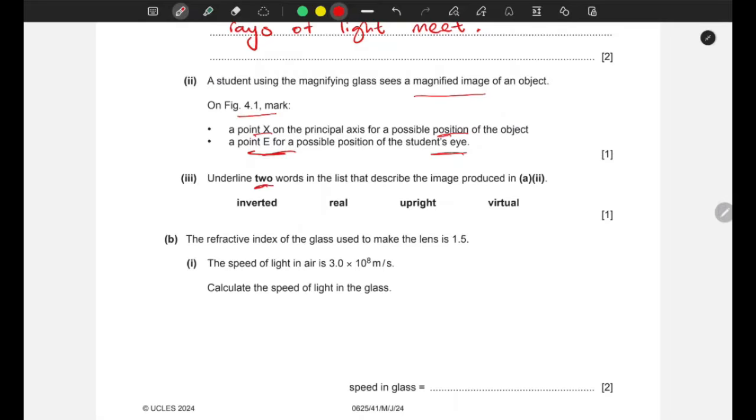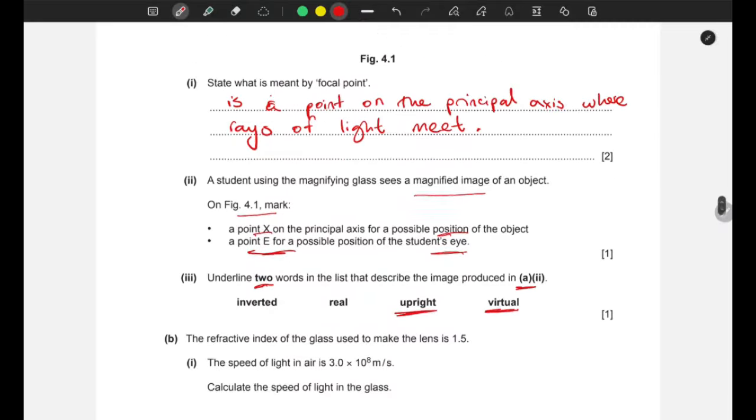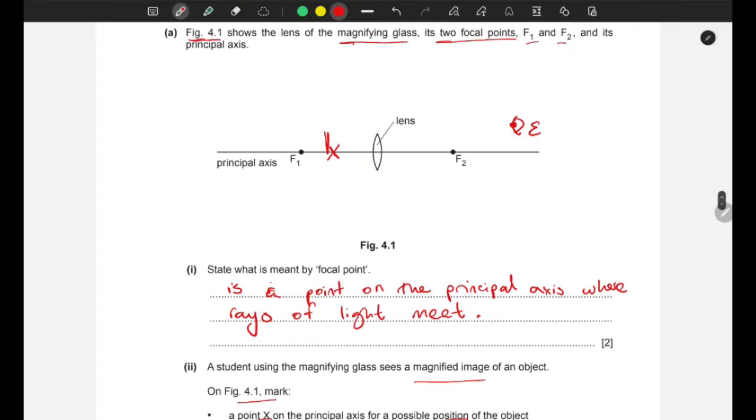Underline two words in the list that describe the image produced in part 2. So it's of course virtual. One of them is supposed to be virtual, and it's supposed to be upright too. I'll explain how. Let me just rewrite this. Let's say this is point X, and the object is like this.